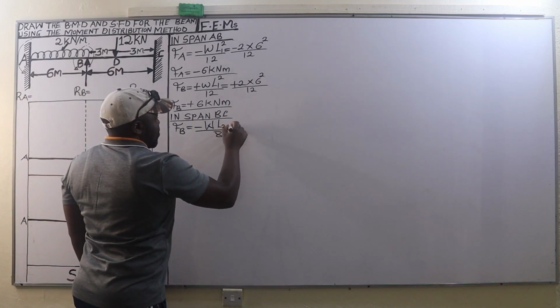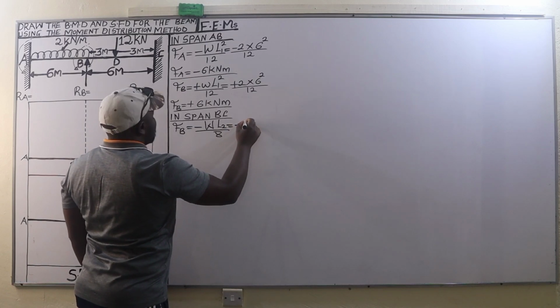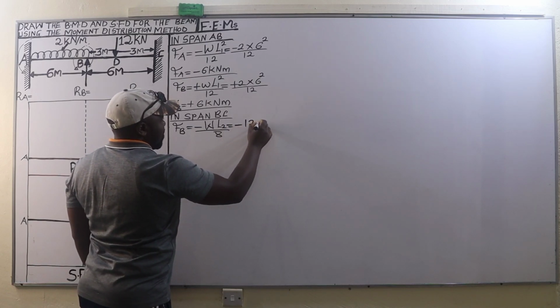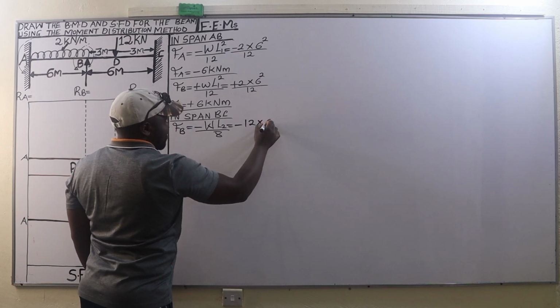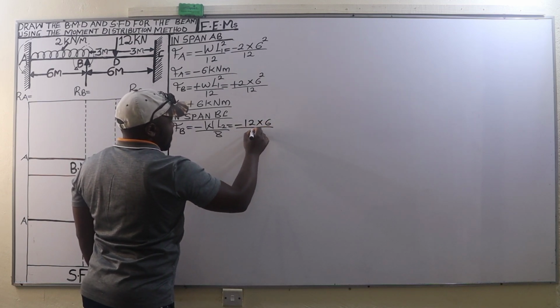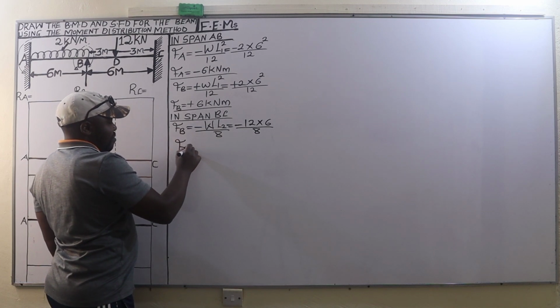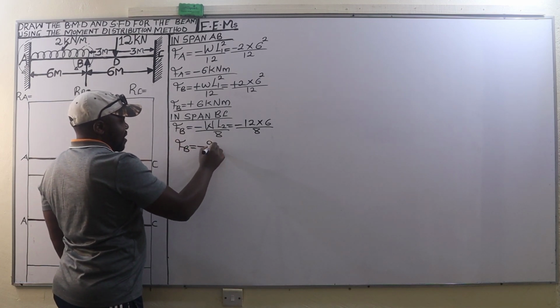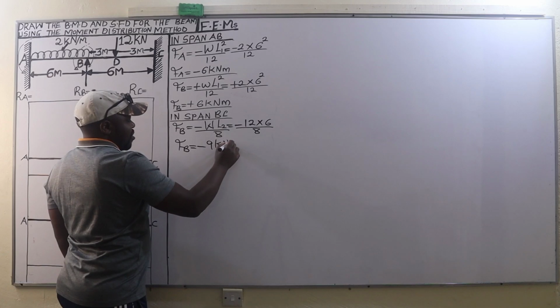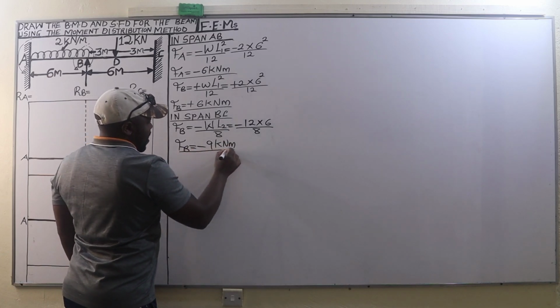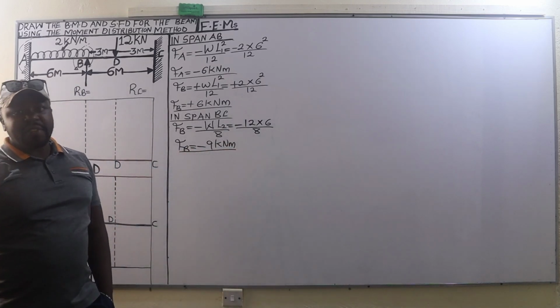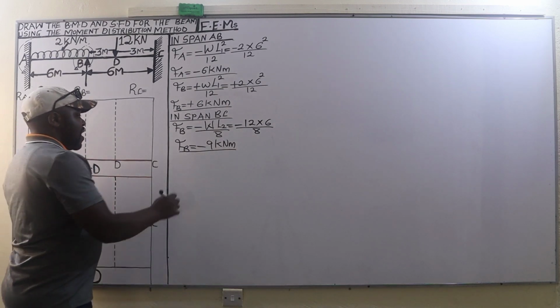And this is going to give us negative W, where W is a point load of 12 kilonewtons, multiplied by L2, which is 6 meters, divided by 8. And when we do that, we are going to get a moment of negative 9 kilonewton meter. So that is the fixed end moment at B.